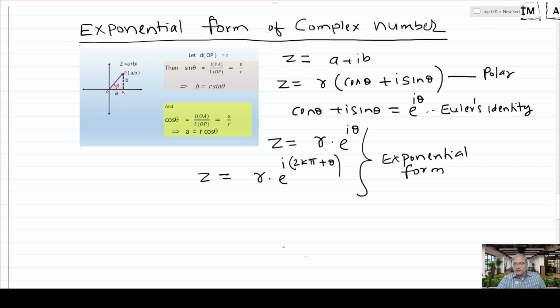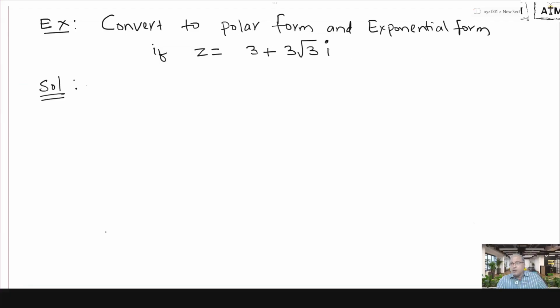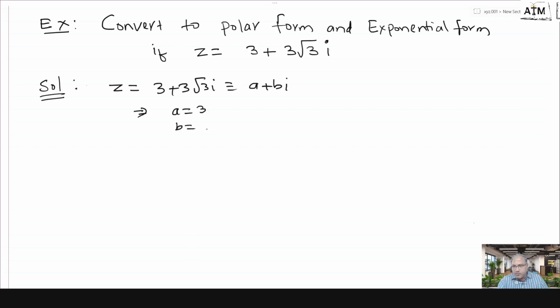Now we'll take some examples for understanding polar form and exponential form of a complex number. Convert to polar form and exponential form. We have z equals 3 plus 3 root 3 i. Comparing with a plus bi implies a equals 3 and b equals 3 root 3.